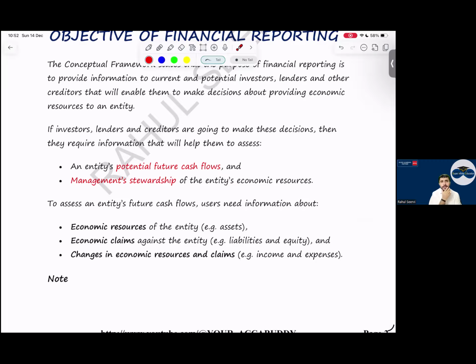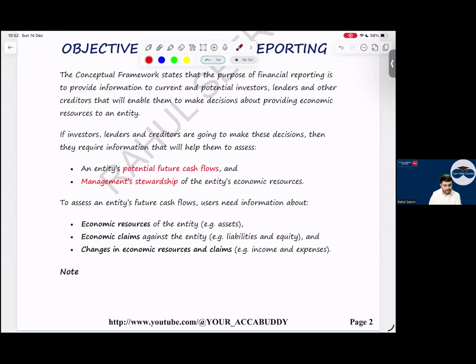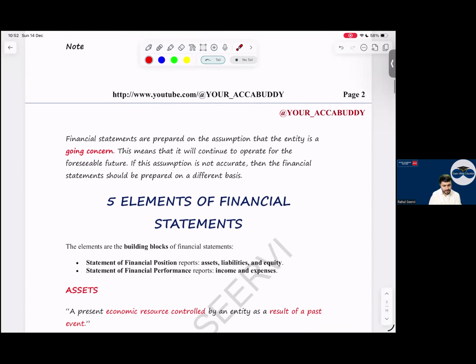Yes. What does economic resource mean? Example, property, plant, inventory, or the amount which they have given. Basically, whatever amount has been given. Yes, sir. Any doubts in this? No doubts.